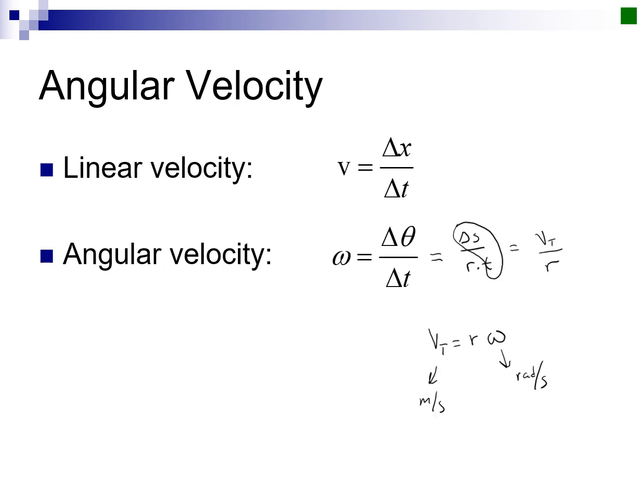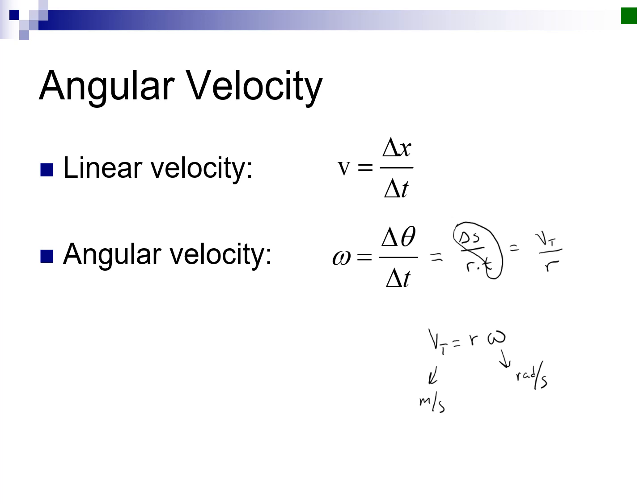Just like linear velocity is change in displacement over time, angular velocity, omega, is changing angular displacement over time. We can replace angular displacement with tangential displacement, which is delta S over R, multiplied with T in this case.